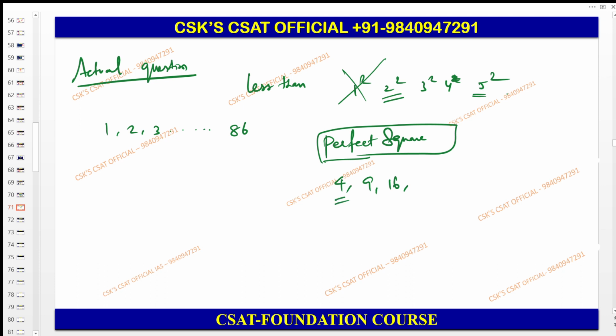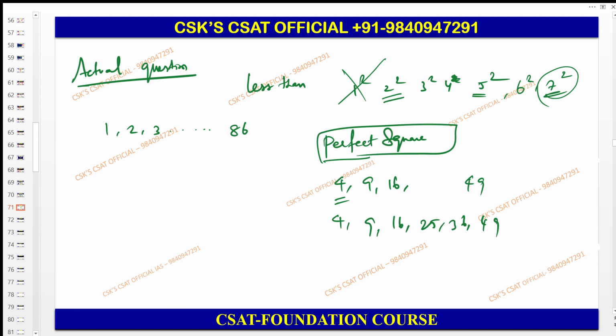Up to what they have provided in this question is up to 7. So 7 square is nothing but 49. So how many numbers are there which are multiples of 4, 9, 16, then 25, 36, 49?